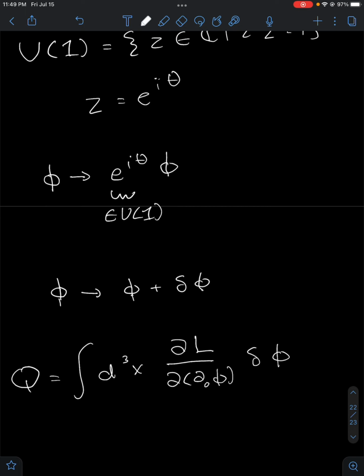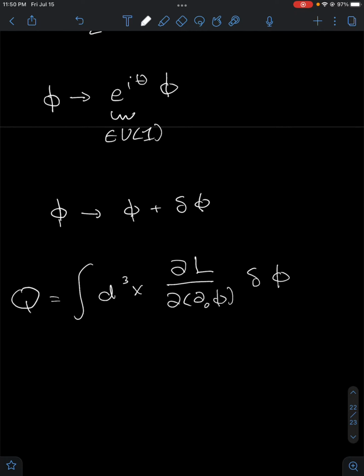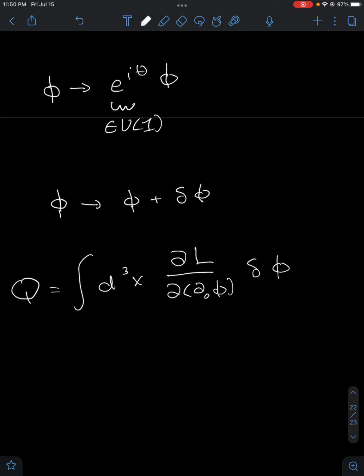This was our general conserved quantity under that field transformation. In our last video, we considered the case where phi is shifted by some amount i epsilon, and all we had to do was plug in minus i epsilon into this delta phi to find out what the conserved quantity is.